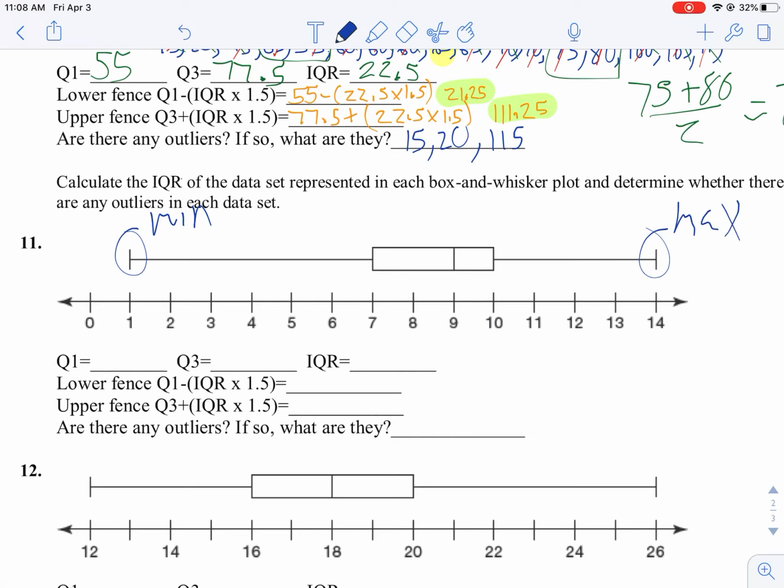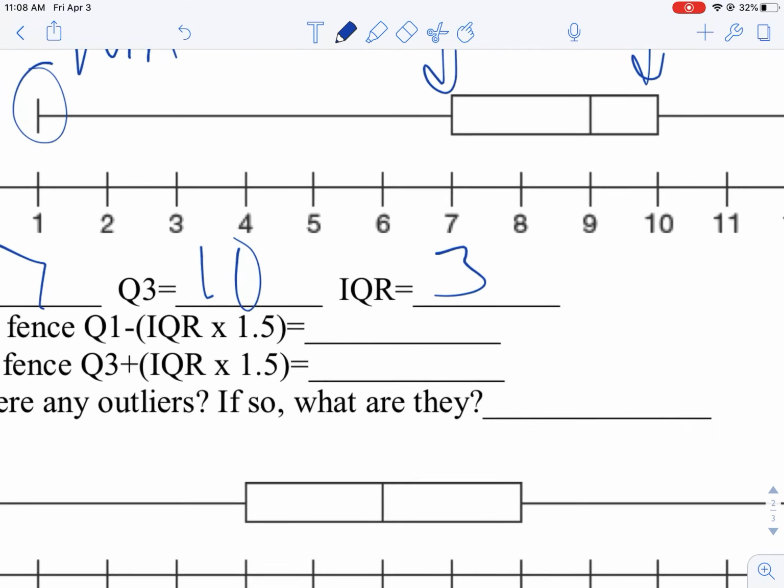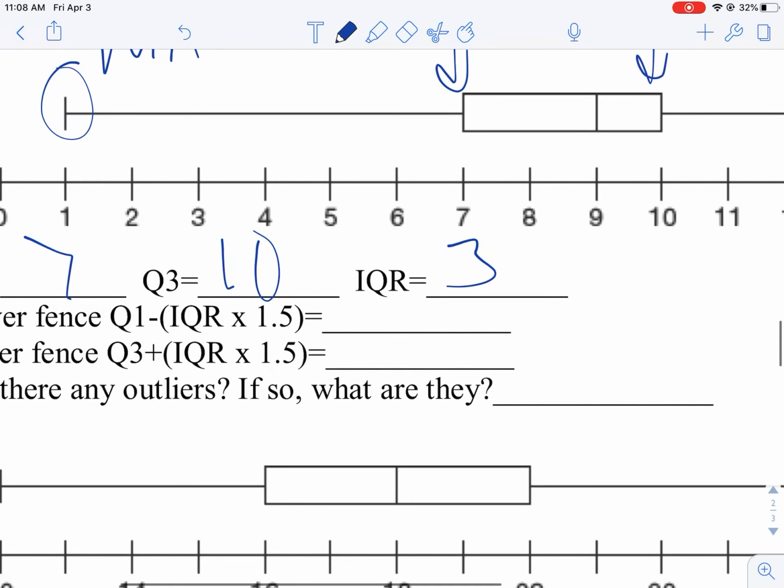So relevance-wise, Q1 is right there, so that's going to be at 7, and Q3 is right there, that is 10. When I subtract them, I'm going to get 3. 10 minus 7 is 3, excuse me. So now I'm going to go Q1, which is 7, minus 3 times 1.5.